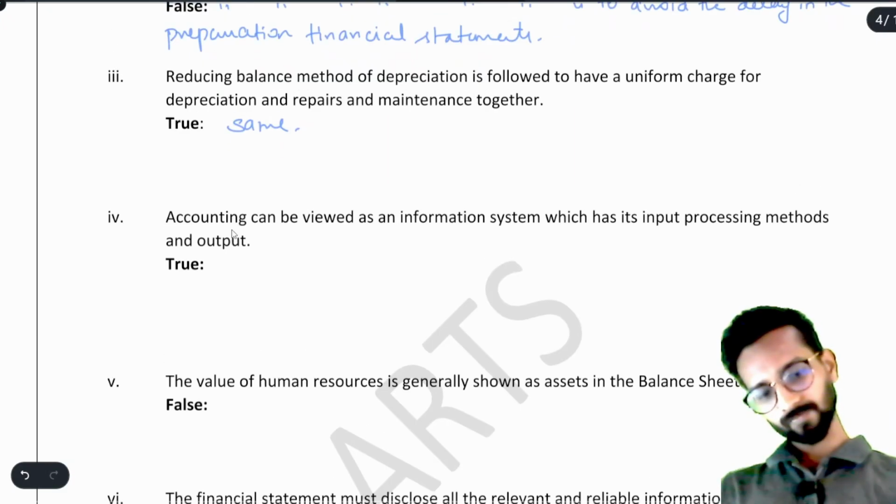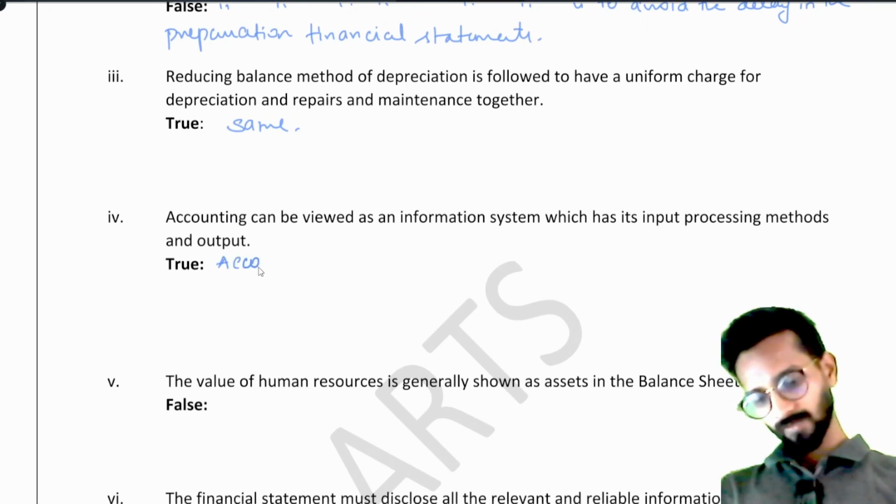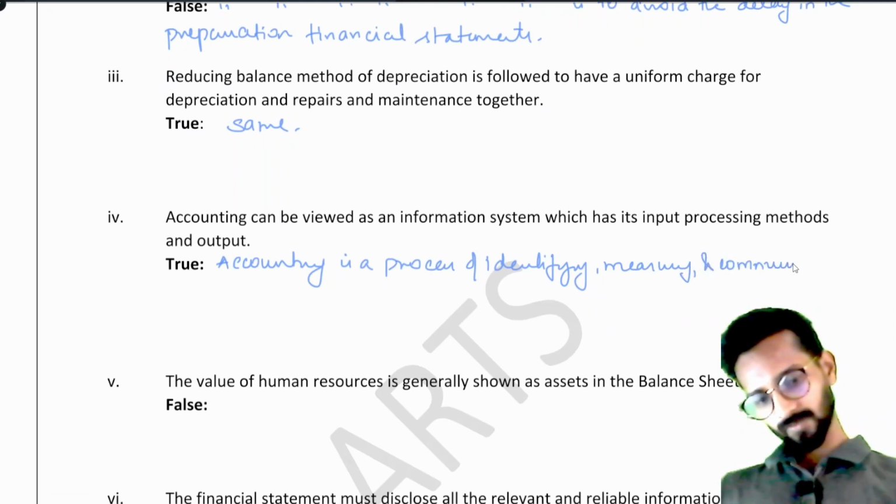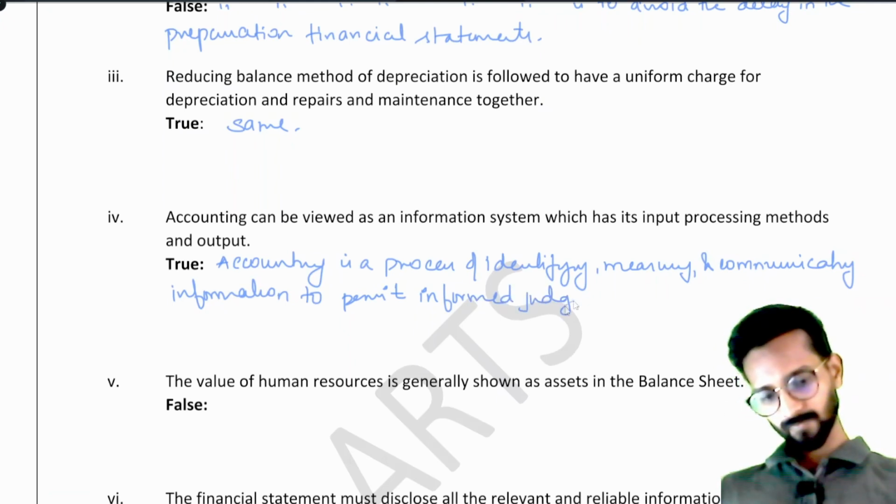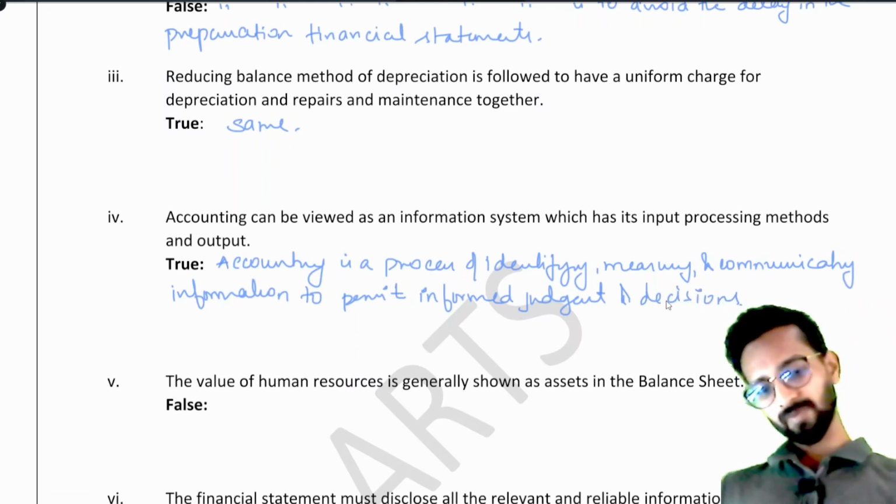You can write here: accounting is a process of identifying, measuring and communicating information to permit informed judgment and decisions. भाई अकाउंट्स का काम ही यही है, to help in judgment and decisions.